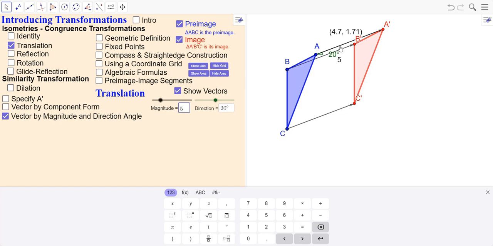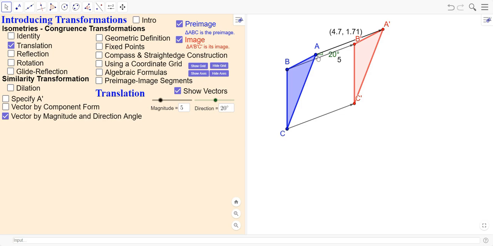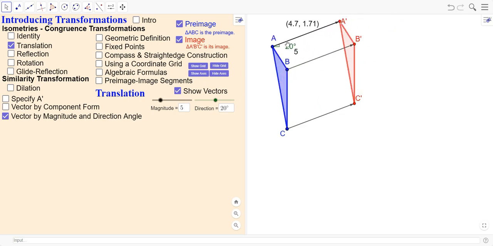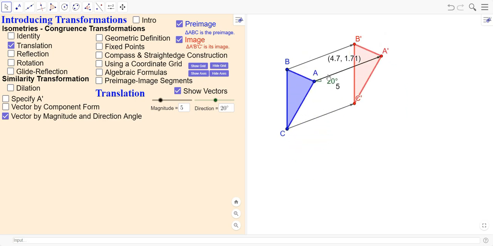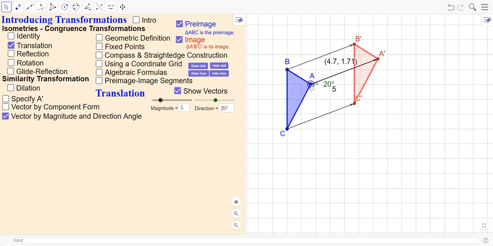The length of this vector now is 5, so it's 5 units along this path. That actually moves both the pre-image and the image when I grab the vector and move it around. It's 5 units along this path, and 20 degrees is the angle with the horizontal. If I show the grid, you can see that the angle it makes with the horizontal is 20 degrees.